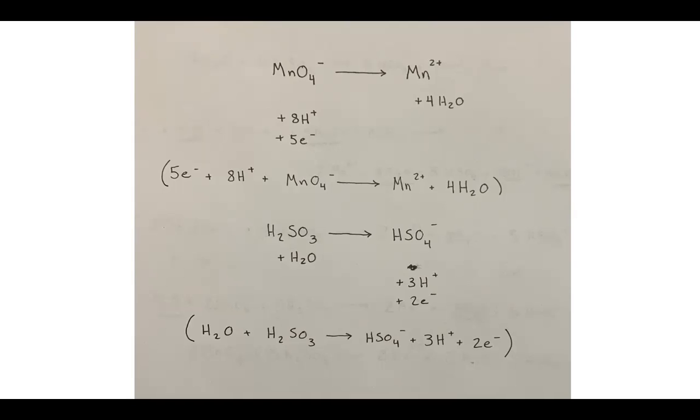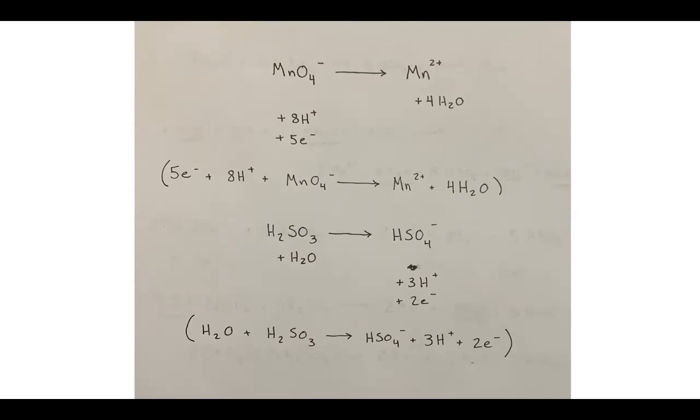From here, we balance hydrogen by adding H+, right? So there's 8 hydrogens on the product side because of the water we just added. And so we add 8 H+ to the reactant side. And now we balance the charges. Now, definitely be careful with the charges in a problem like this, right? So we look at the product side, it is a charge of +2.